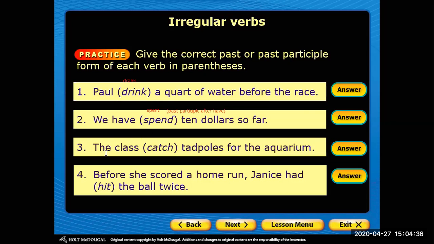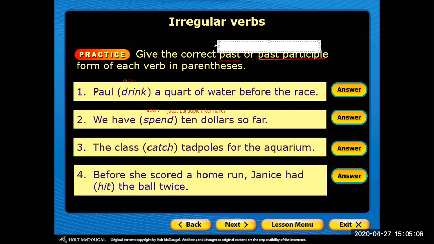Let's move to number 3. Next to Abdullah is Mazen. Mazen Habibi. The class catch tadpoles for the aquarium. Very good. Remember, we are talking about either past or past participle, either second conjugation or the third conjugation.